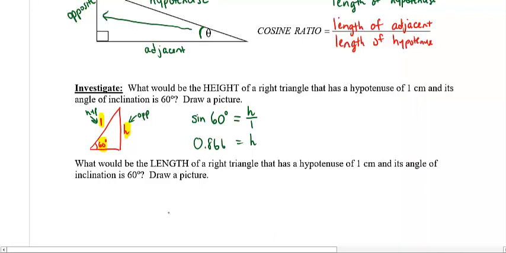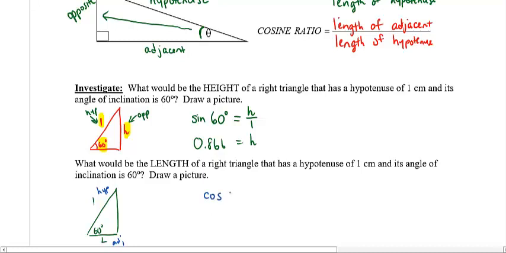Okay? Now, how would you calculate the length of this same right triangle? This time, you still have a hypotenuse of 1. The angle of inclination is still 60. But I want now the length. Let me call this L. Notice in this case, I have the hypotenuse, and not the opposite this time, but the adjacent side.